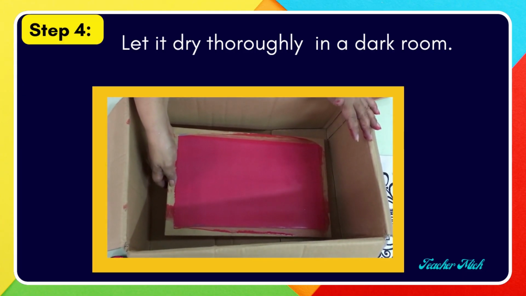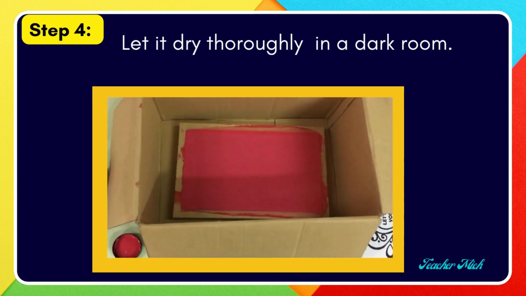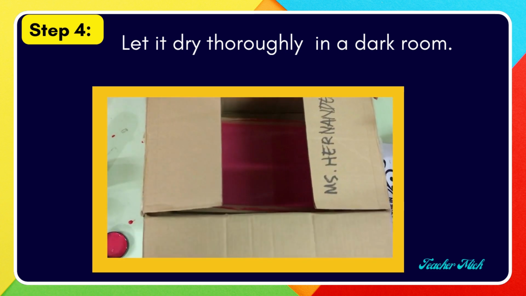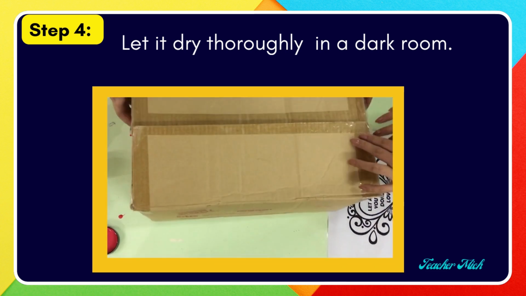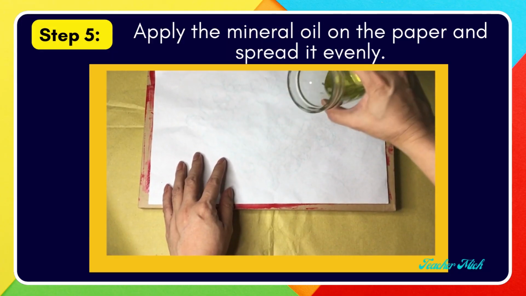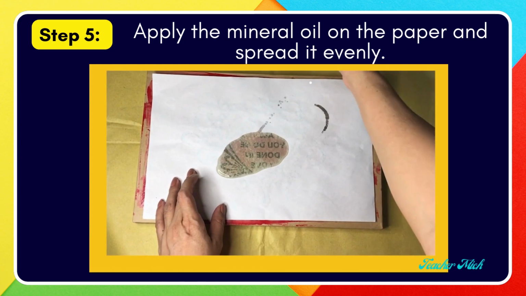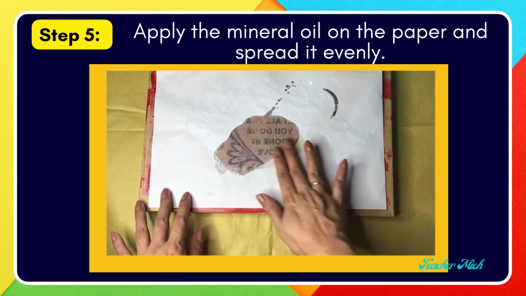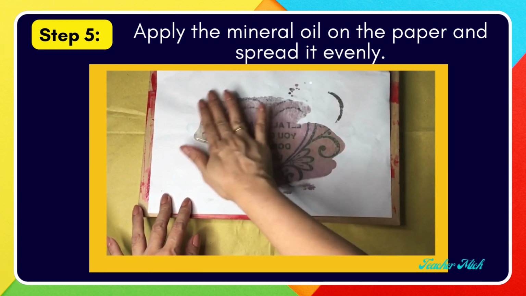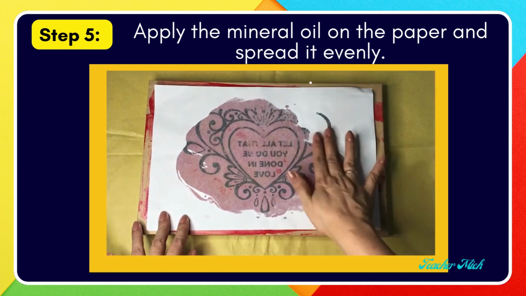Number 4, let it dry thoroughly in a dark room. Number 5, apply the mineral oil on the paper and spread it evenly. You can use cooking oil or baby oil as alternative.